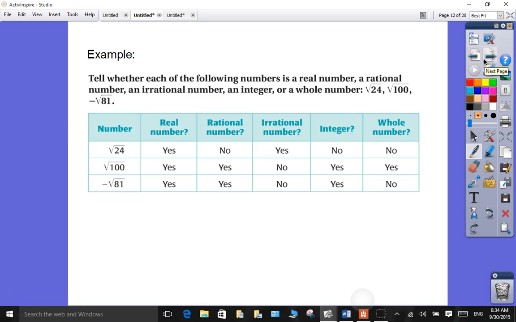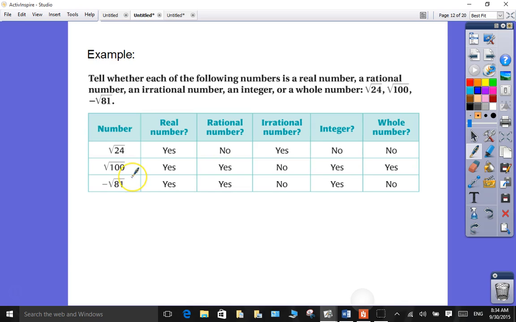So now we could categorize these numbers as, are they real? Are they rational, irrational, integer, and whole numbers? These are the three numbers that they're dealing with here. The square root of 24, the square root of 100, and the square root of negative 81. Okay. If it can be simplified, right, then it's not irrational.